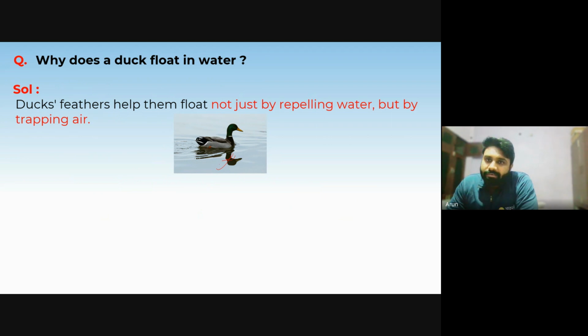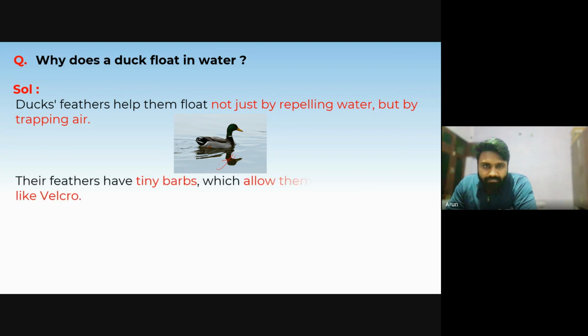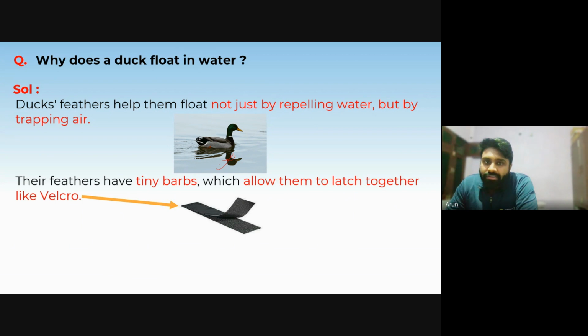The feathers will trap the air inside them, and air is rarer than water, so air will not sink in the liquid. The feathers have tiny barbs which allow them to latch together like Velcro.